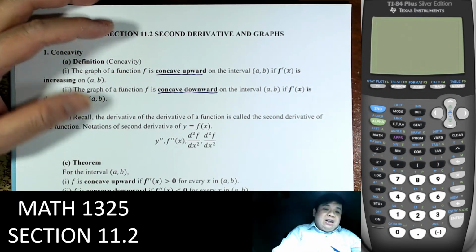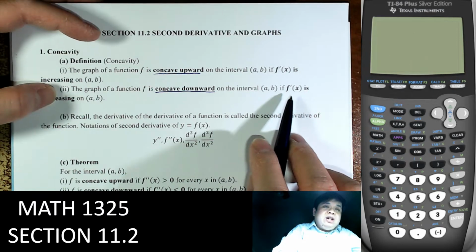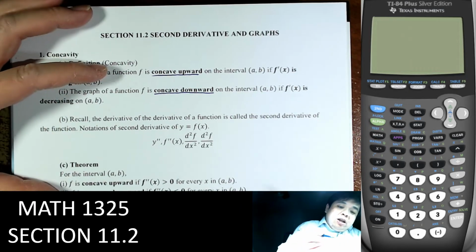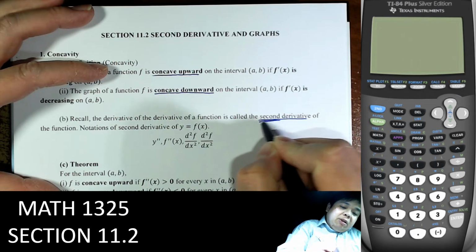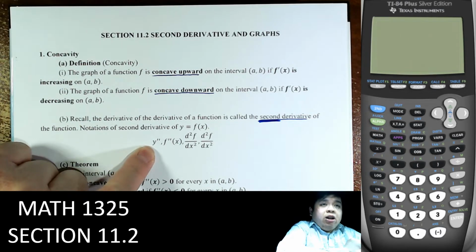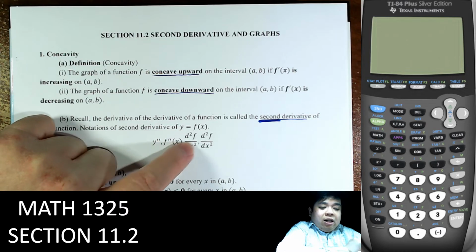And once again, increasing is where the derivative is positive, decreasing is where the derivative is negative, and we have the derivative of the derivative. Therefore, we will talk about the second derivative. The notation is double prime, or we write it like that.